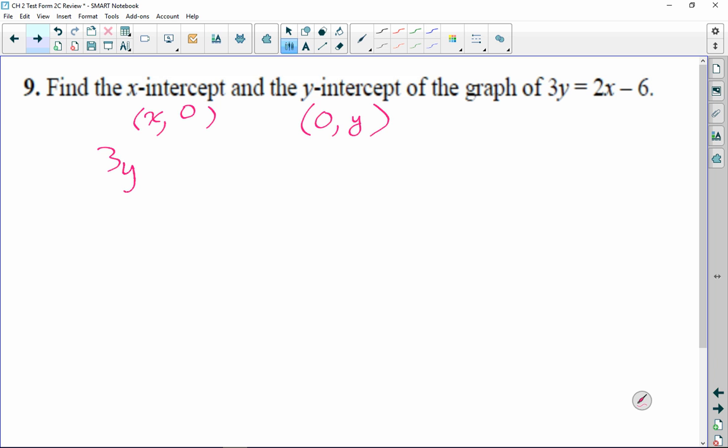So I'm going to take 3y, which is this. I'm going to take that 0, plug it in for y, because all I need to find is the x. Move the 6 over here.